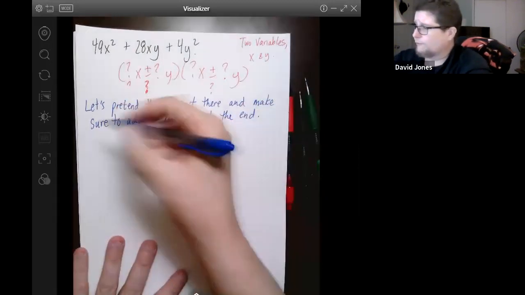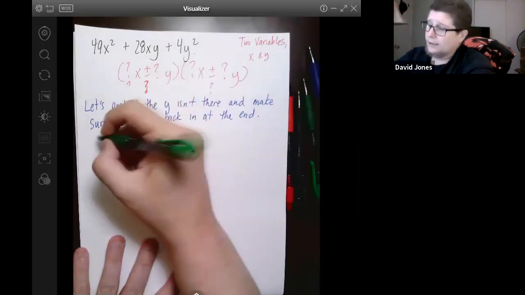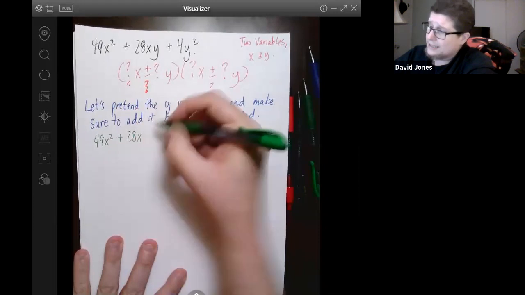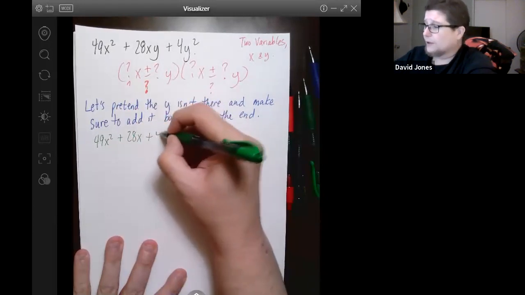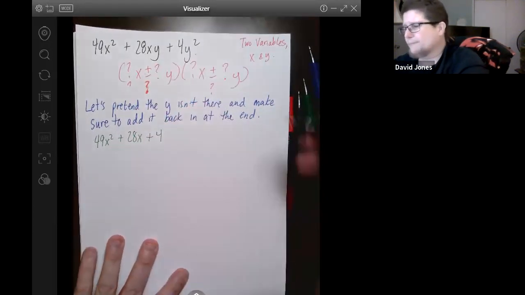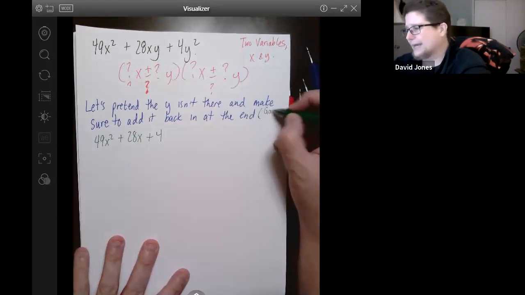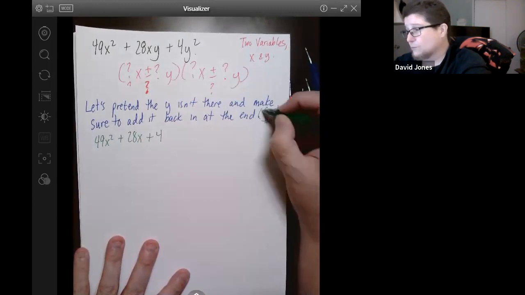So I'm going to do 49x squared plus 28x plus 4. And when I mean add it back in at the end, it will go at the end in the parentheses. We'll see that.